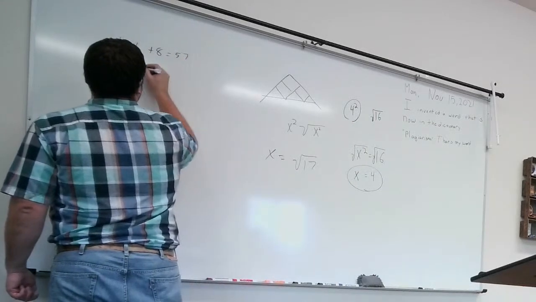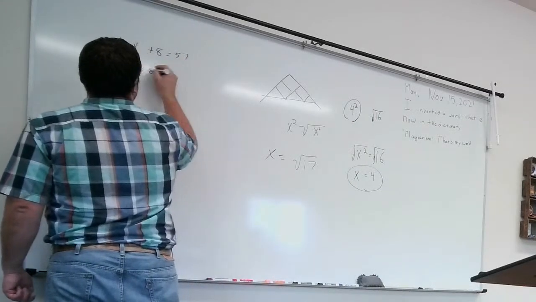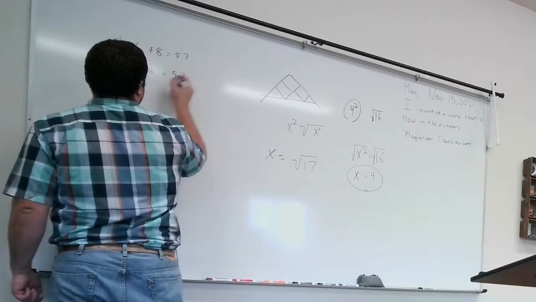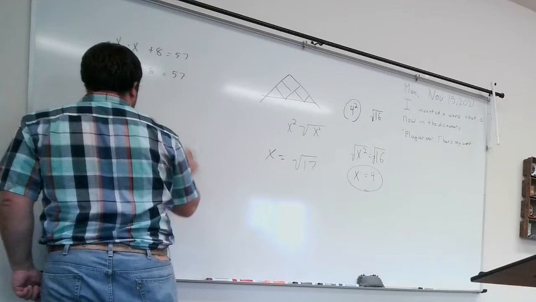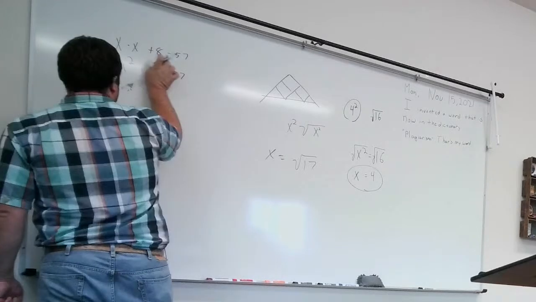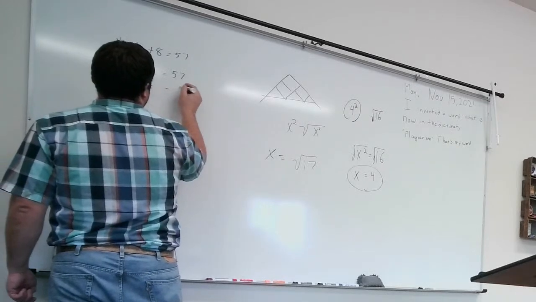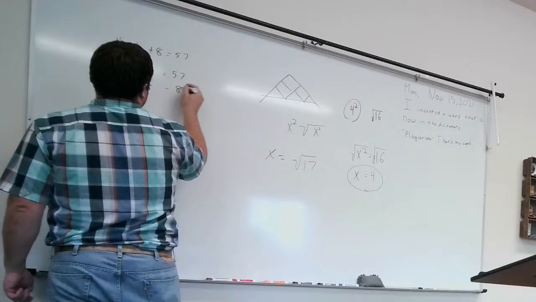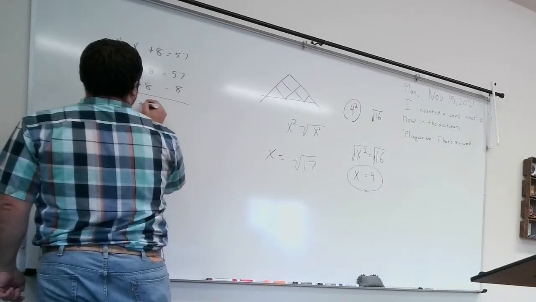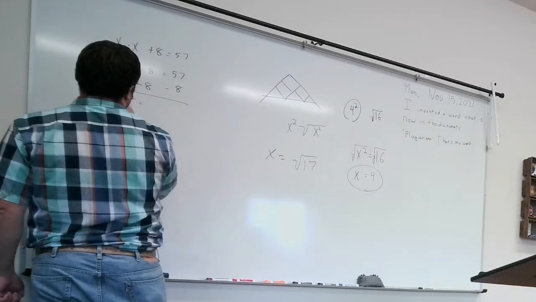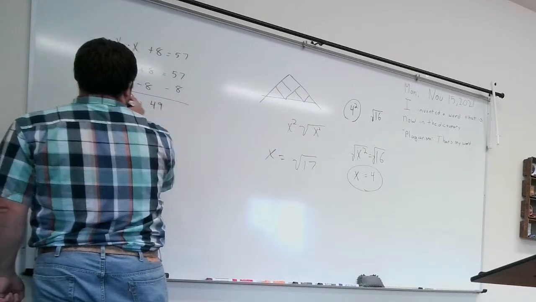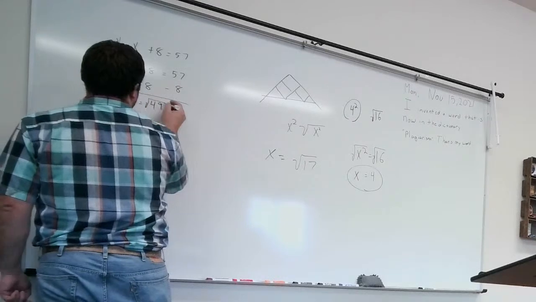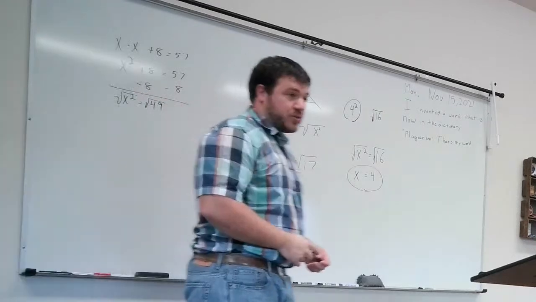What do we do with that? You subtract 8 from both sides, right? So now we have x squared equals 49. And now you just root both sides, and you should wind up with an answer.